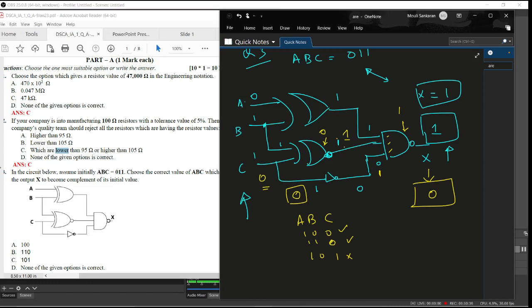In that case, XOR should give me a value which is 0. In that case, we know that one input is 0. When will the XOR give me a 0? Only when this is also 0. If it is a 1, it is going to give me a 1 and a NOT of that will be 0. So I will not get what I want. So B has to be 0 now.